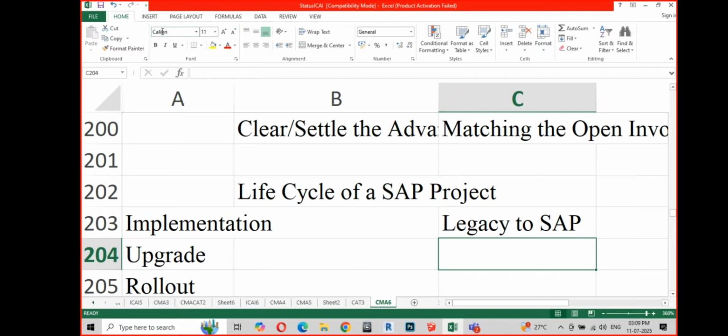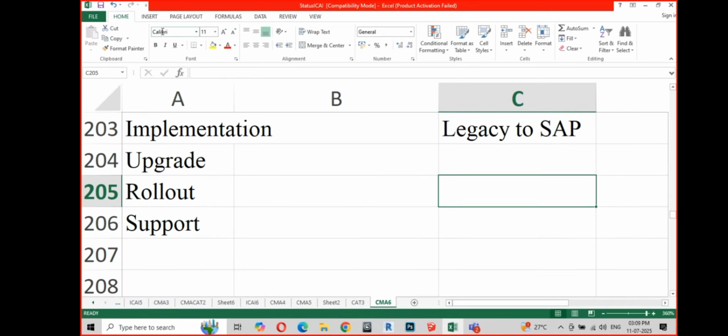Rollout. In this case, not the whole concept is changed, but the concepts are revised. In FI, there is some concept which has undergone a change. So there is a concept of rollout projects.